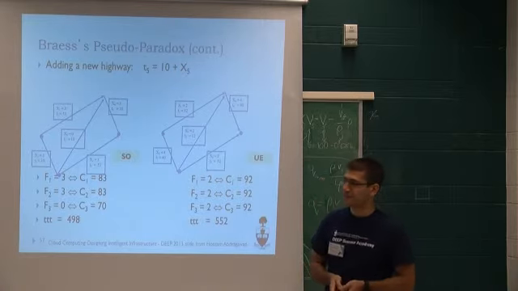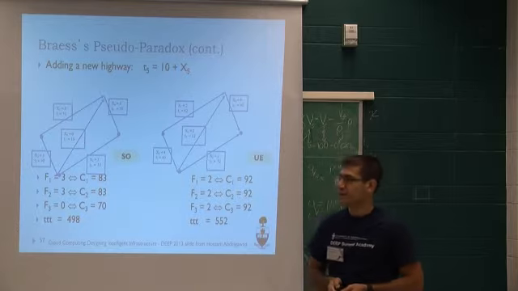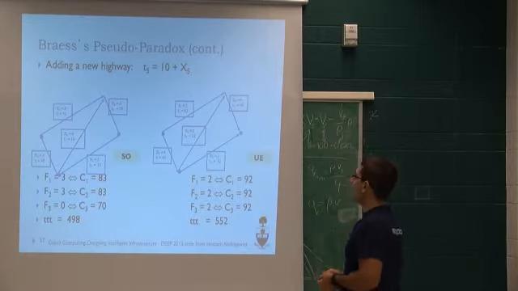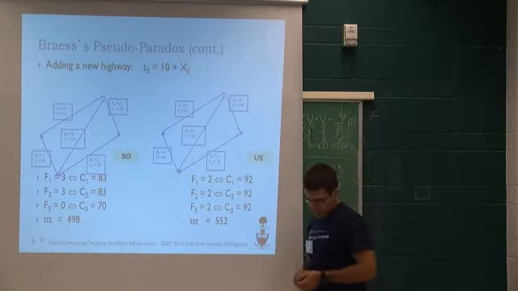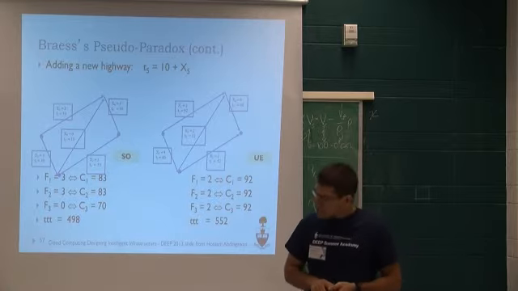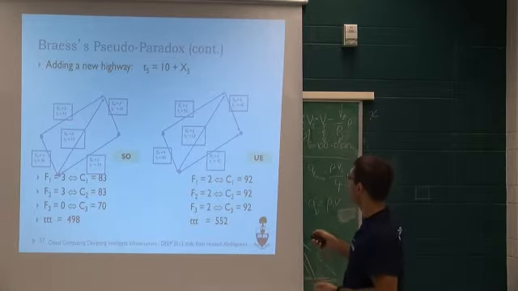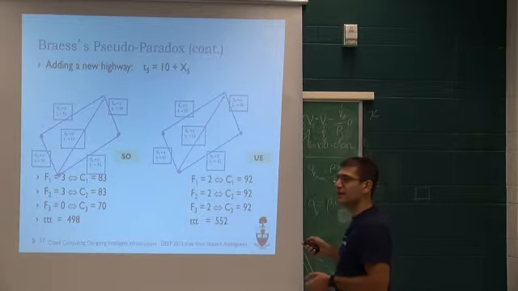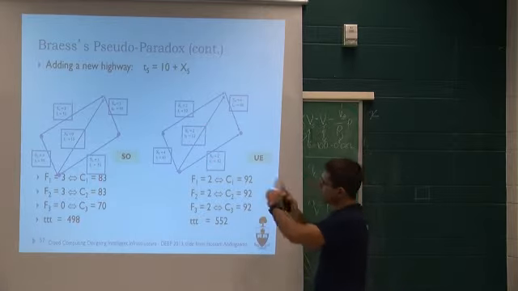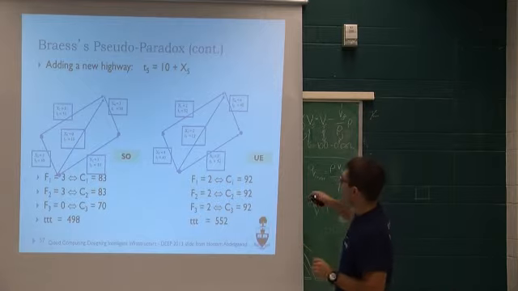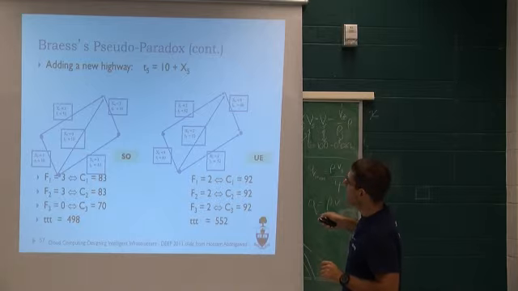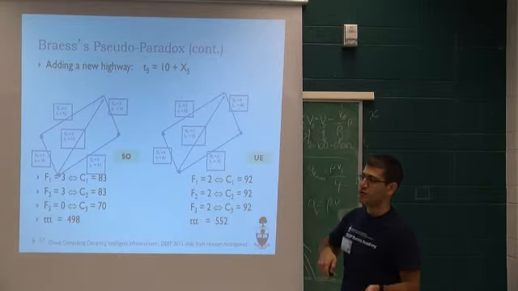Is it due to congestion that it takes longer? It is. Well, it is due to congestion because of the vehicles that are coming in. But there's another aspect, especially with the math here, is that this third route shares these links with the other routes.